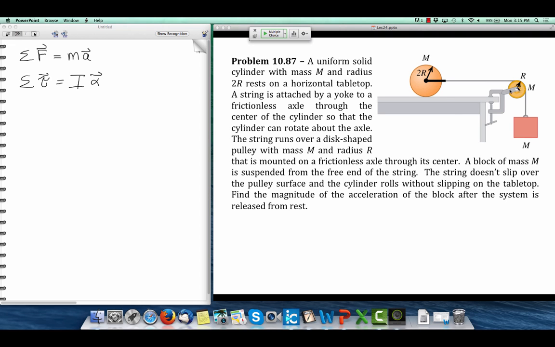You can guess that they're all accelerating because they've told us that these are all a bunch of frictionless things. So this rotates around this axle without friction. The cylinder rotates without friction. This pulley rotates without friction. So I hate to say without friction. I would always say, and I tend to say, with negligible friction.